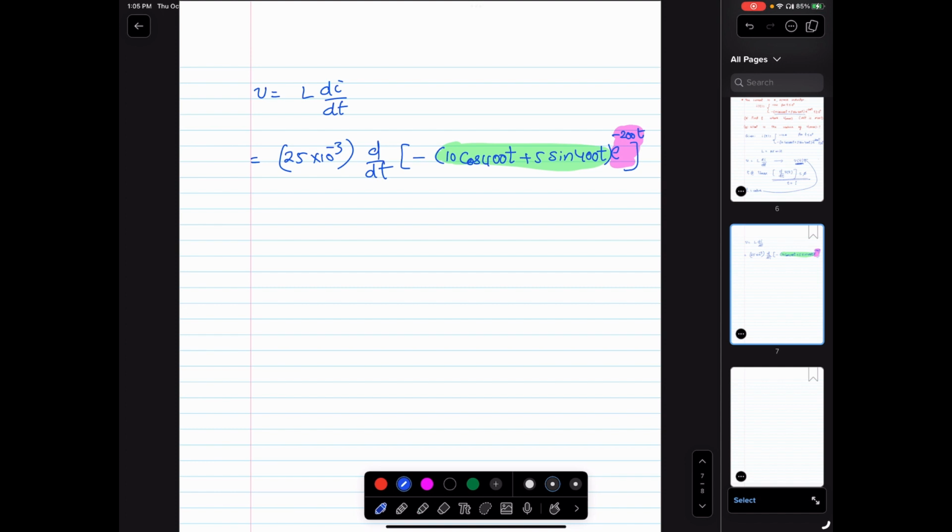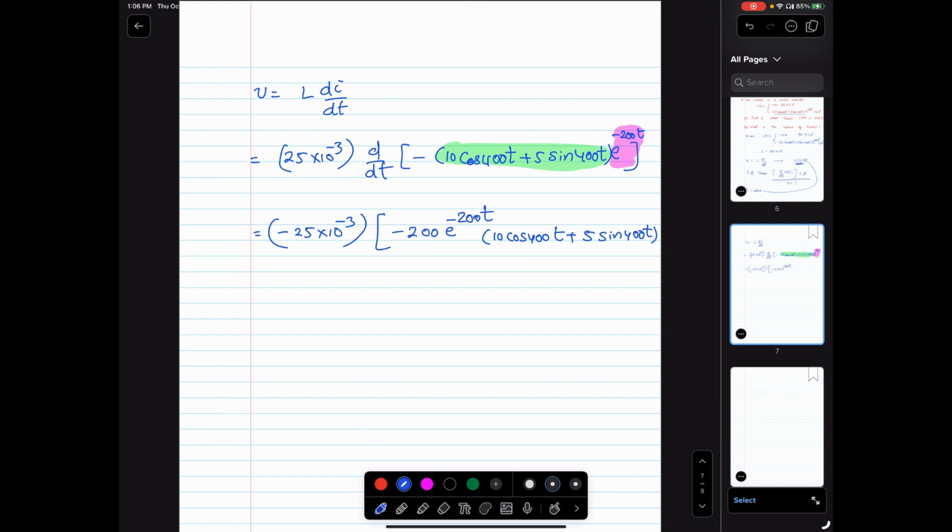I'm going to follow a few derivative steps and then arrive at the final solution, factoring out the negative. We start by finding the derivative of e to the negative 200t, which is negative 200 times e to the negative 200t, and then multiply that by the same function, cosine 400t plus 5 sine 400t.